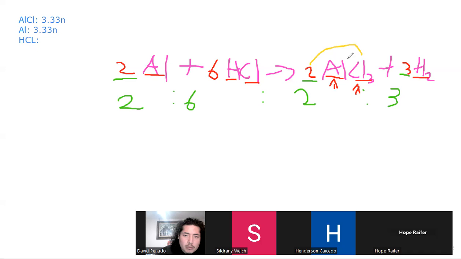For the atomic mass, where I got the 26.98 in the prior problem that we did, then we had to add both atomic masses, like aluminum and chloride together, then multiply by 3.33. It's just a question.